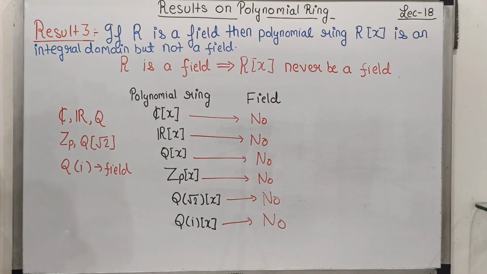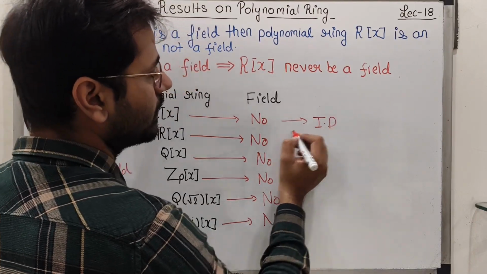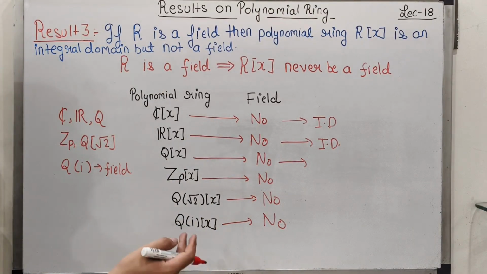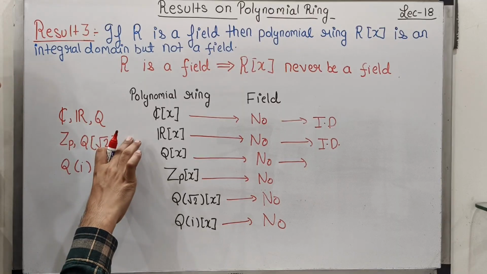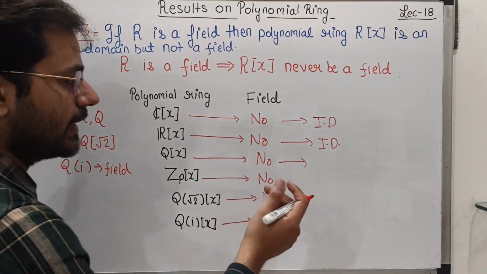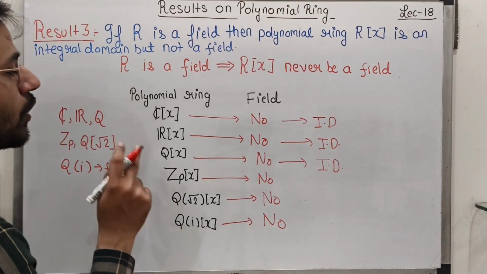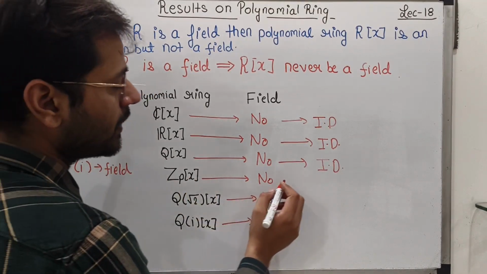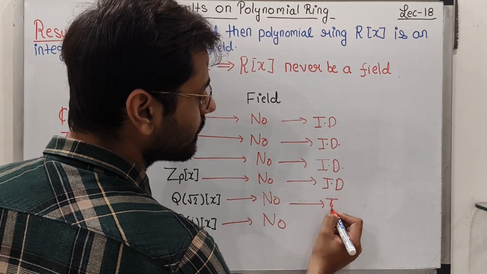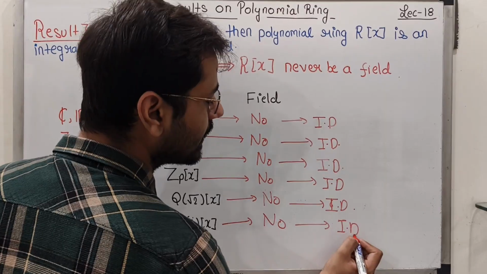But all these polynomial rings are integral domains. These are all integral domains because a field implies an integral domain, and if a parent ring is an integral domain, then the polynomial ring is also an integral domain. As a result, the polynomial rings defined over rational numbers, complex numbers, real numbers, Z_p, Q(root 2) and Q(i) are integral domains.